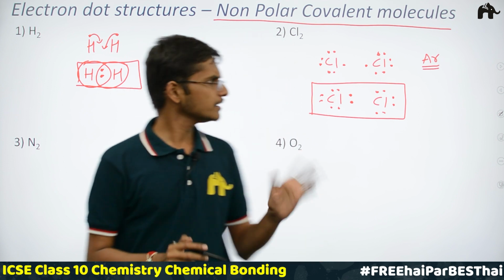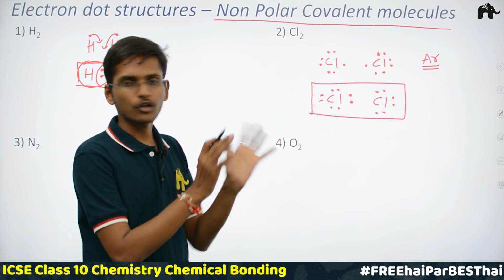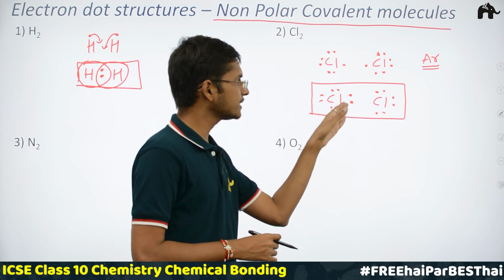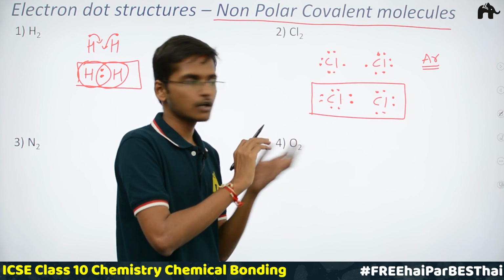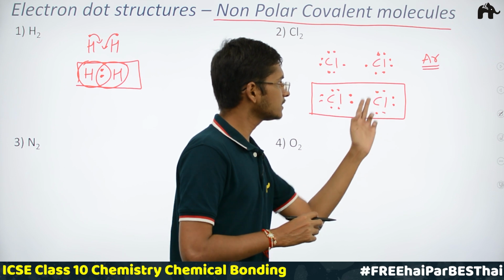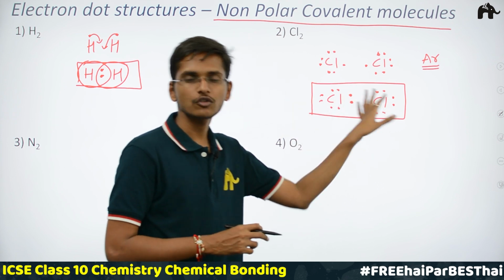In the same way, we have to check whether all other atoms have attained the octet or not. See chlorine: 1, 2, 3, 4, 5, 6, 7, 8. Count the shared pair with that particular atom. Here the unshared pairs are 1, 2, 3, 4, 5, 6 and the shared pair is 7, 8. So it has also attained the octet.